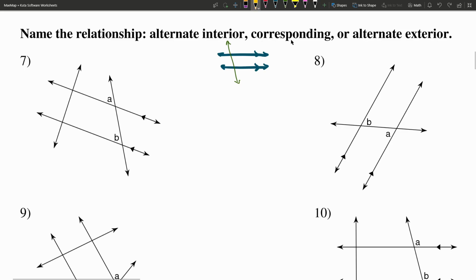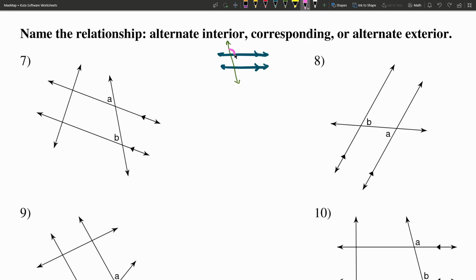And then lastly, very similar to alternate interior, we have alternate exterior, which are alternating angles on the outside or exterior of the parallel lines. So my inner angles or my interior angles are in between them. My exterior angles are going to be outside of those parallel lines.